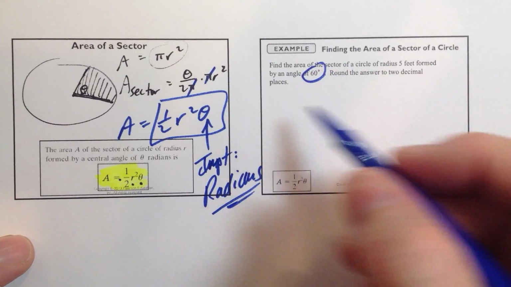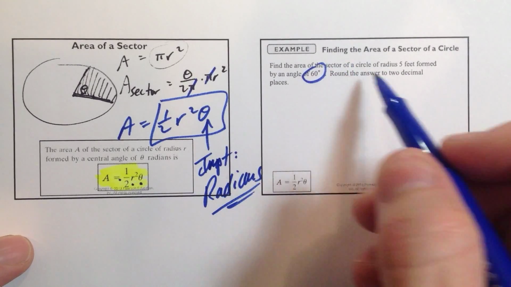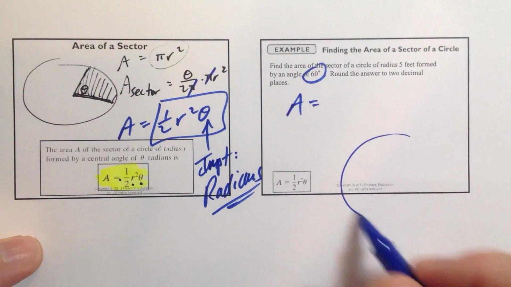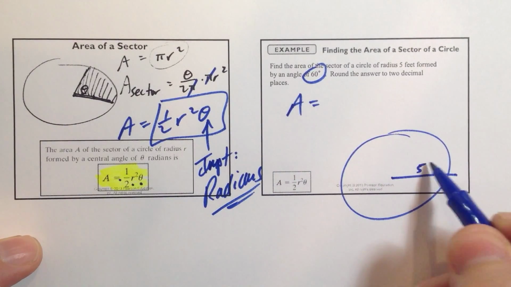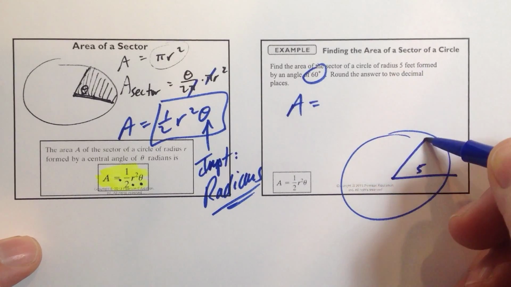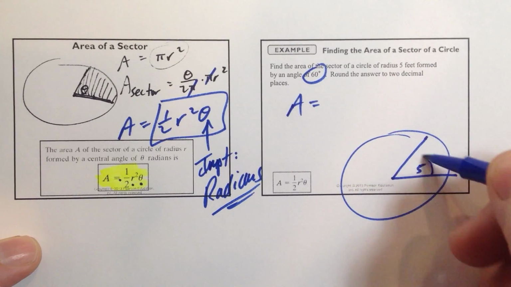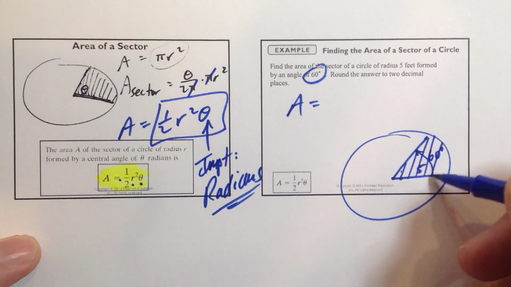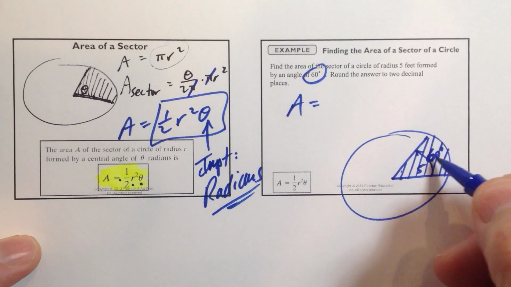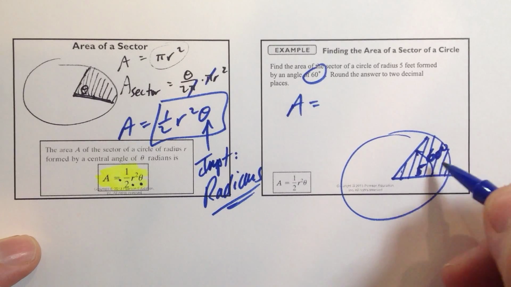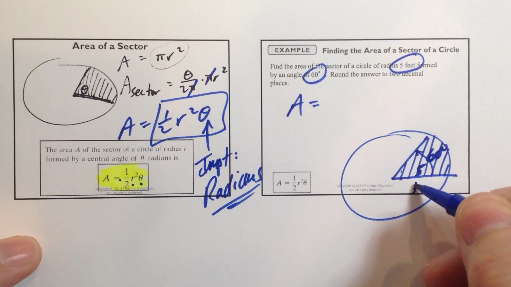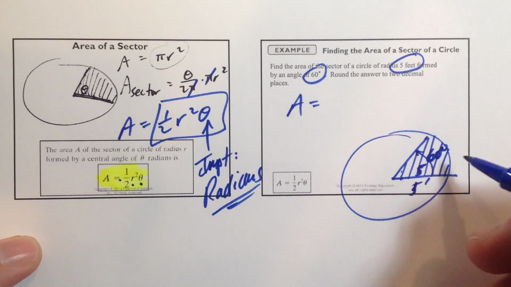So here we have degrees, we've got to convert to radians. Find the area of a sector of a circle, radius 5 feet. So let's draw a picture of that. We have a 5-foot radius formed by an angle of 60 degrees. So here's 60 degrees, and we're trying to find the area of that sector right there. It's not very easy to see the 60 or the 5, but nevertheless we have 5 feet and then 60 degrees.